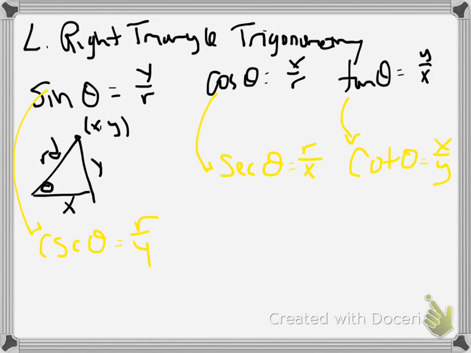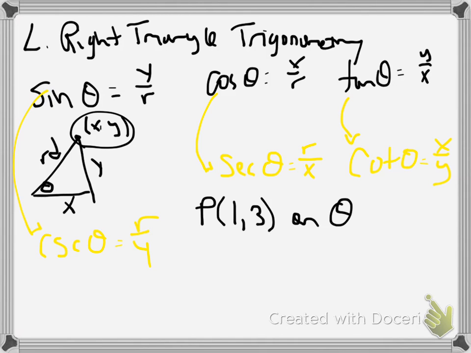Here's where that's going to come in handy. If I give you the coordinates of this terminal point, what if I say that the point P(1, 3) is on theta's terminal side? What are the 6 trig functions for theta?